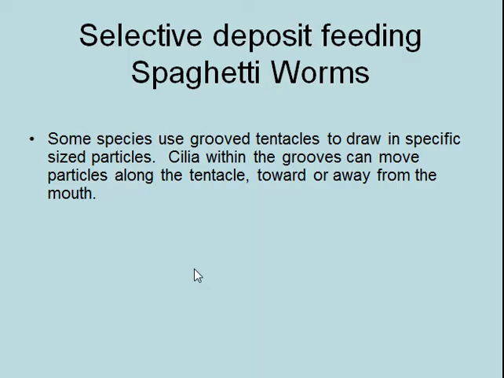Okay, another type of deposit feeding is selective deposit feeding, and these things have grooved tentacles that draw in certain size particles. The small particles have a much greater surface area, and when these things are digesting bacteria, there's a little biofilm that lives on each of the particles.